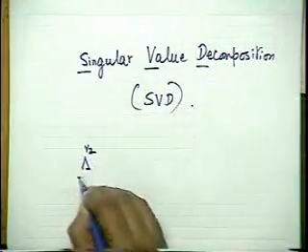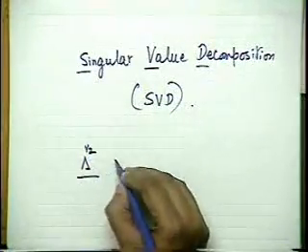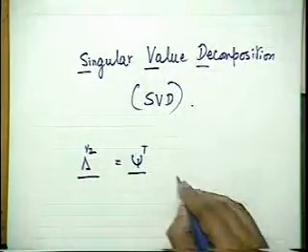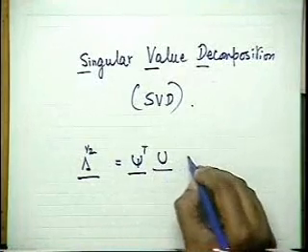Now just by applying a reverse transformation, we get as follows: capital lambda to the power half can be obtained as psi transpose U phi.